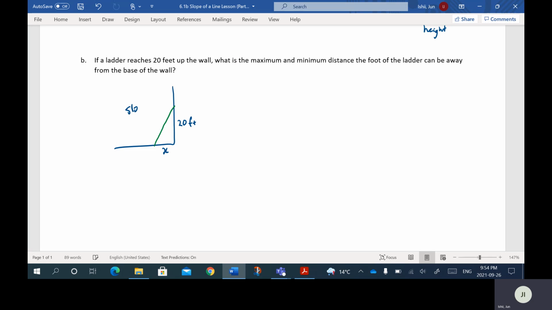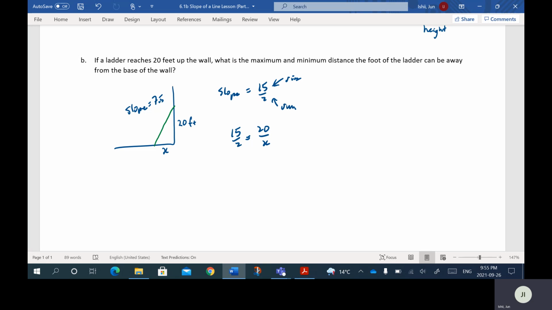And so again, the first slope here, let's just say is equal to 7.5. As a fraction, that is 15 over 2. Again, this is my rise over the run. So if I set up the equation here, I'm going to get 15 over 2 equals my rise, which this time is 20, over my run, which is x.